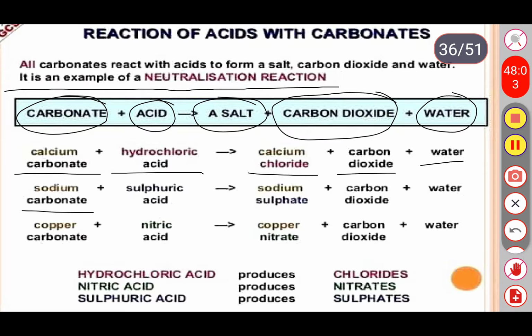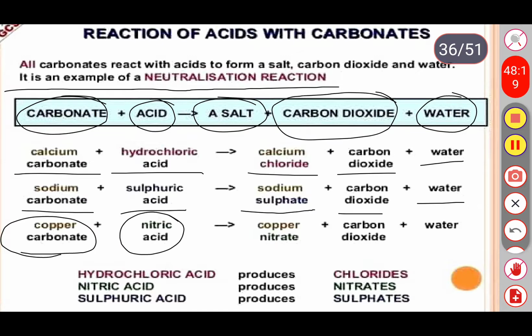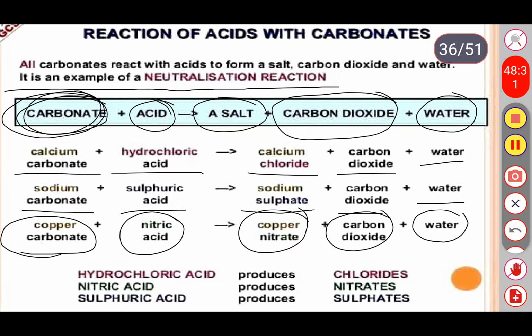And the third example is when copper carbonate is combined with nitric acid, it forms copper nitrate, carbon dioxide and water. It means whenever metal carbonates react with the acids, they always form three most important products: salt, carbon dioxide and water.